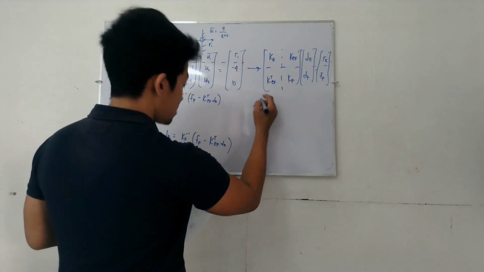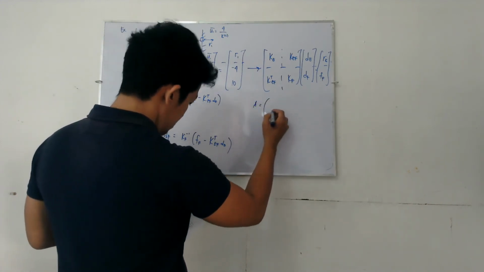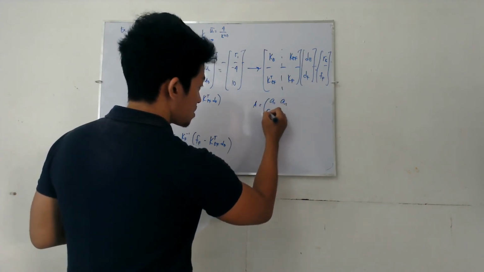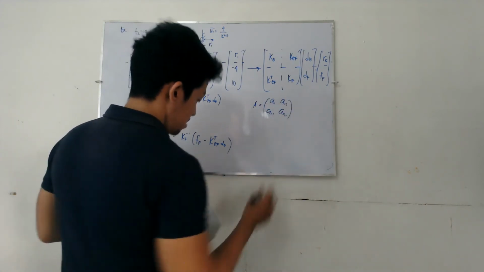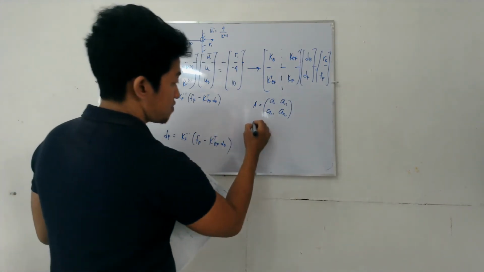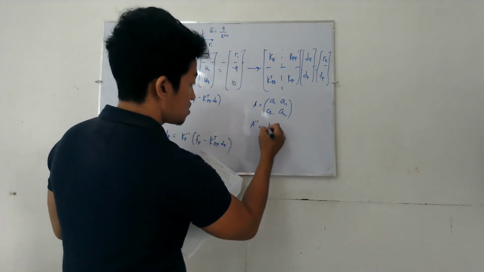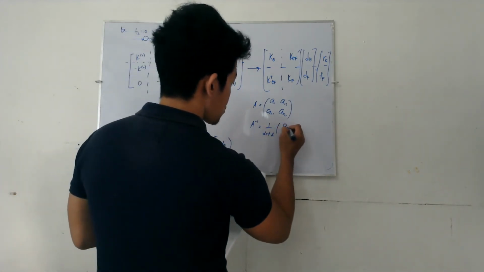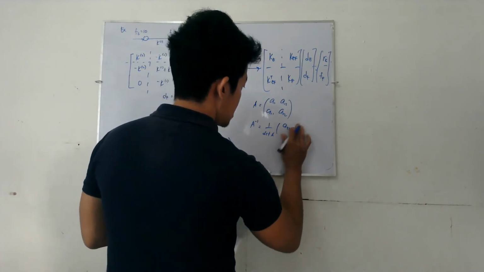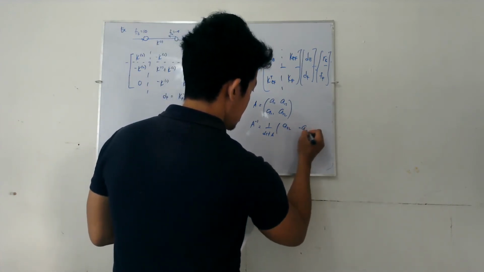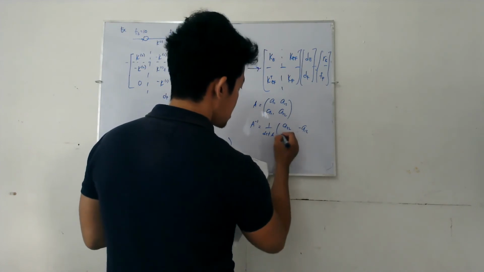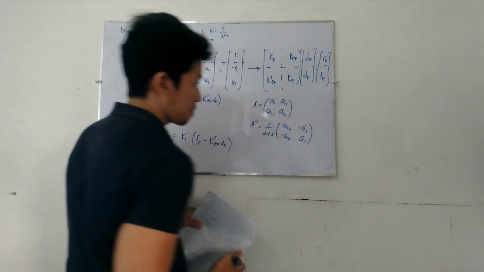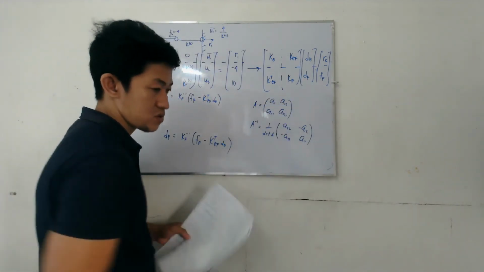So, recall lang, ang pagkuha sa inverse, kung mao ni ang matrix A nimo, ang inverse ana niya is 1 over determinant of A times A22, negative A12, negative A21, A11. Mao na inverse ani for 2 by 2.